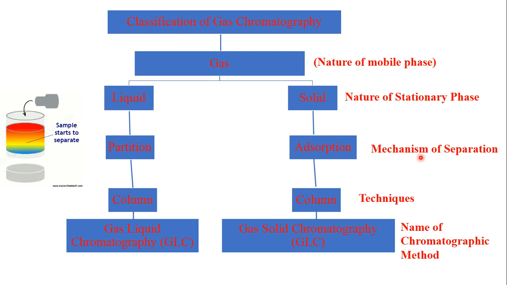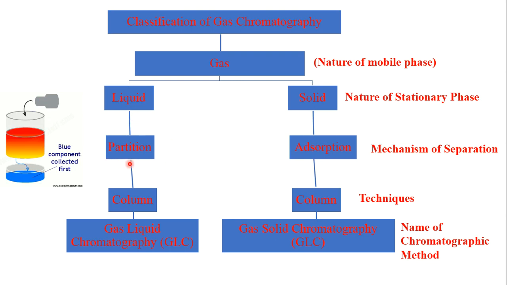Now, what is the mechanism of separation? Separation of the sample, the different components of the sample. How could these components be separated? This is the mechanism. In GLC, partition takes place between the mobile phase and the stationary phase.